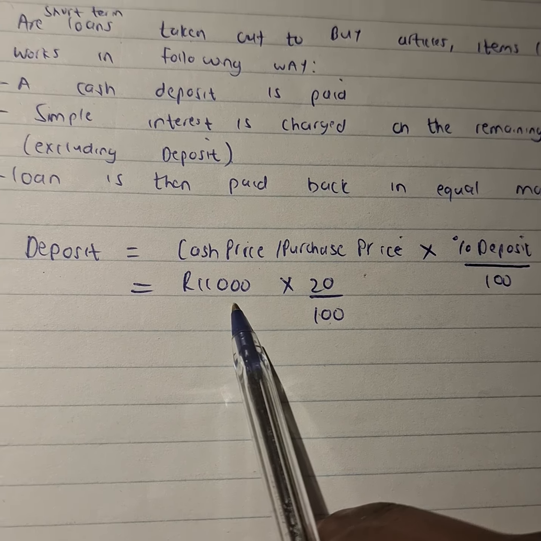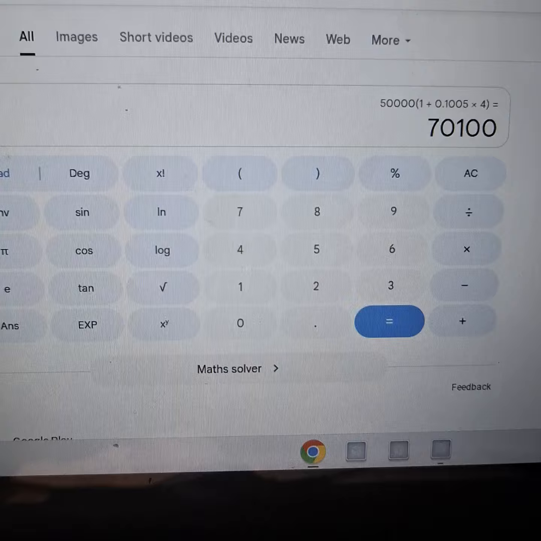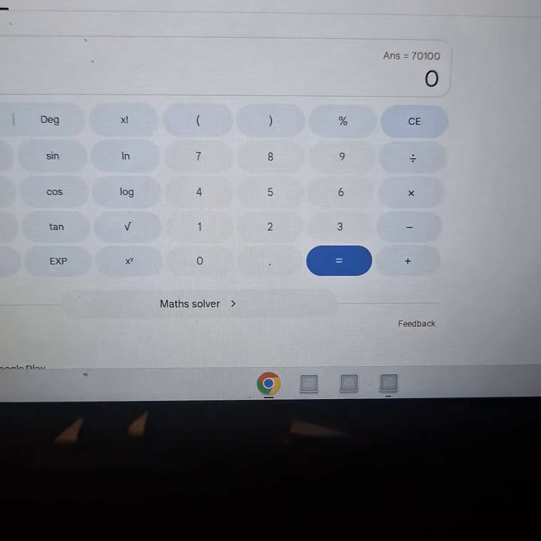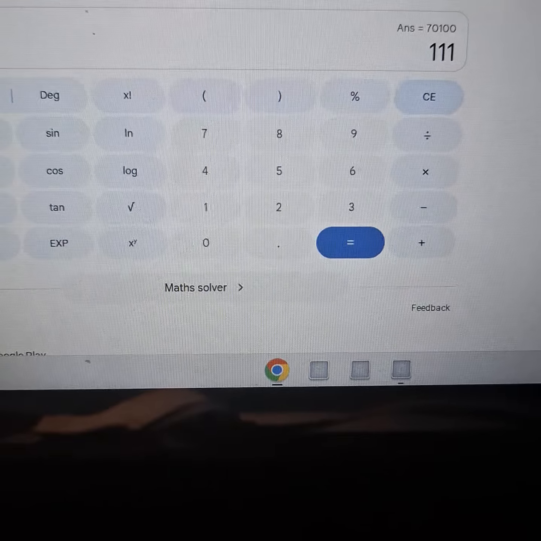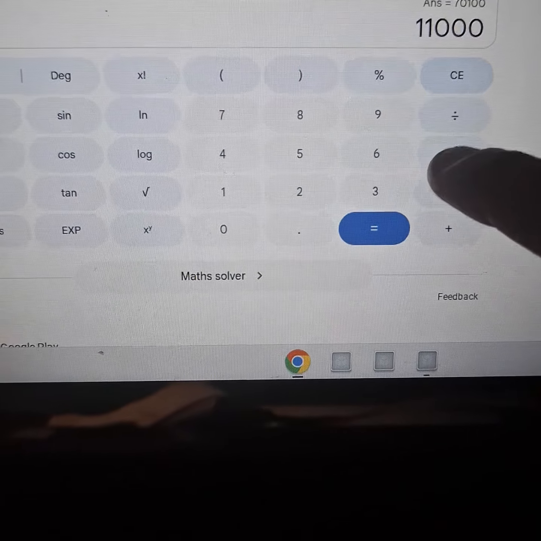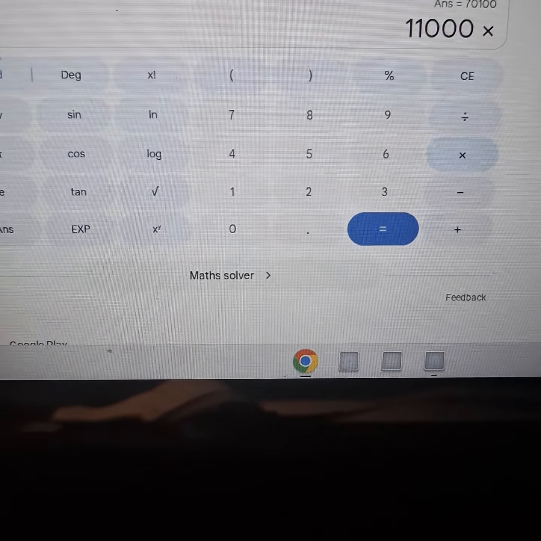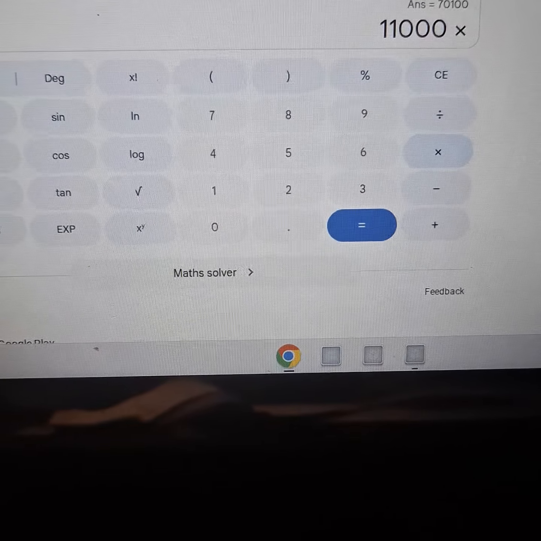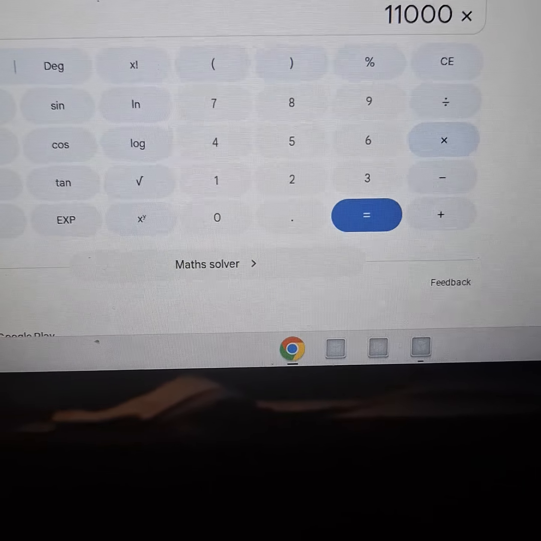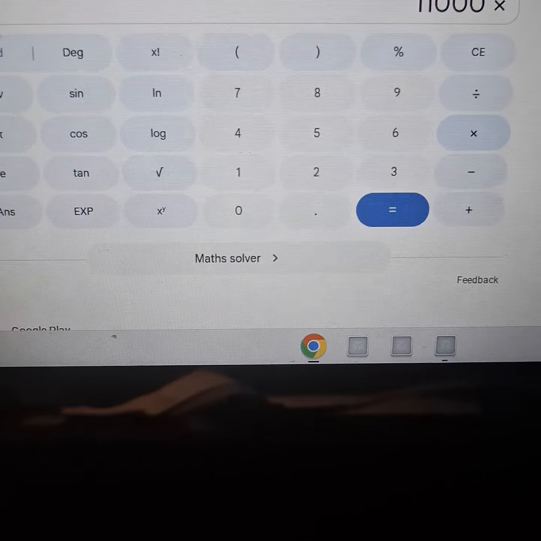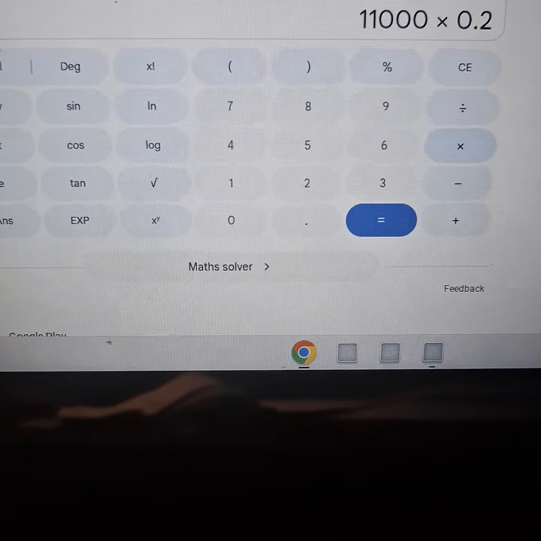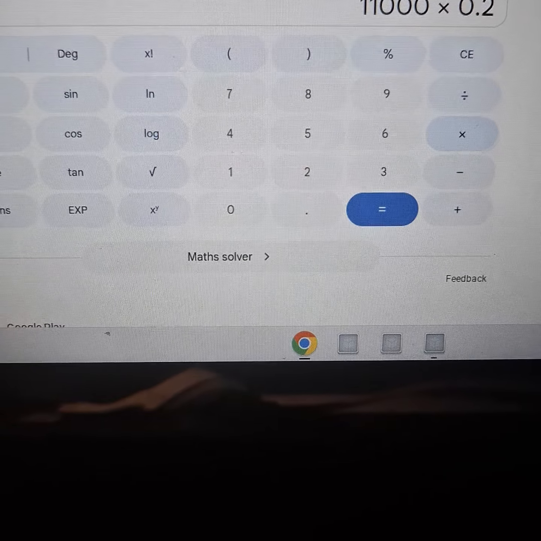So let's see how this works out. 11,000 times 20 over 100. Let's go to our calculator. 11,000 times 20 over 100, which is 0.2, because 20 over 100 is the same thing as 0.2.